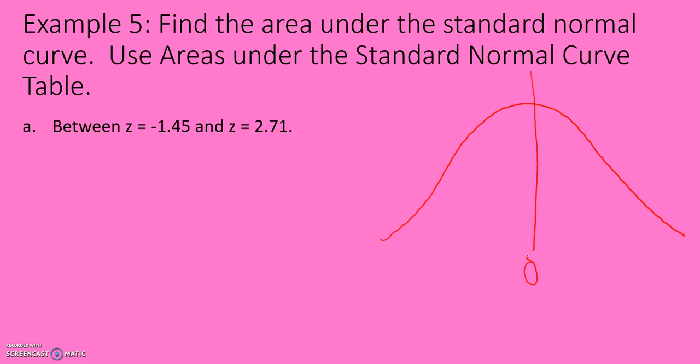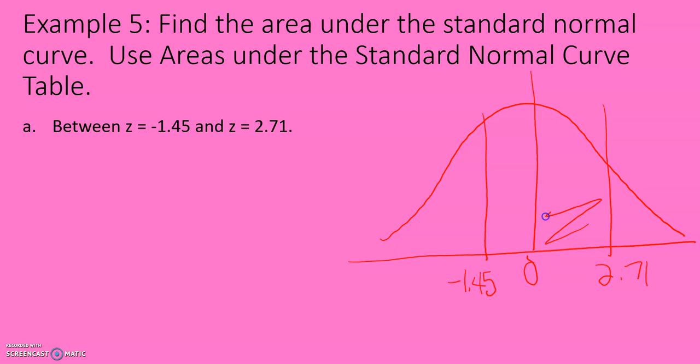0 is right here. So this is 2.71, and this is negative 1.45. We're going to find this area and this area.